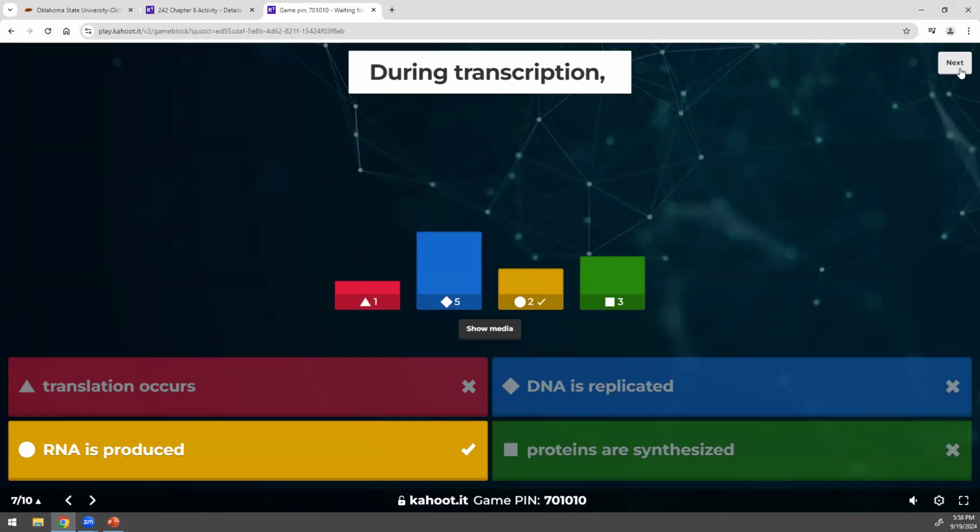All right, number 2, we have the tRNA. tRNA, or transfer RNA, what it does is it carries the correct amino acid, right?